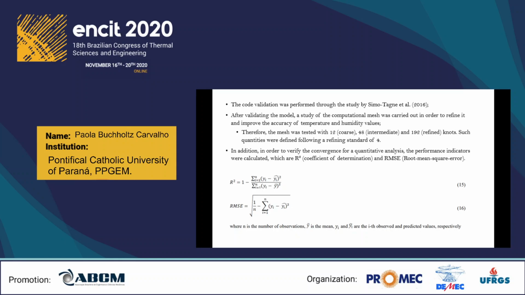Therefore, the mesh was tested with 12, 48, and 192. And then, to verify the convergence through a quantitative analysis, the performance indicators were calculated, which are the coefficient of determination and root mean square error.